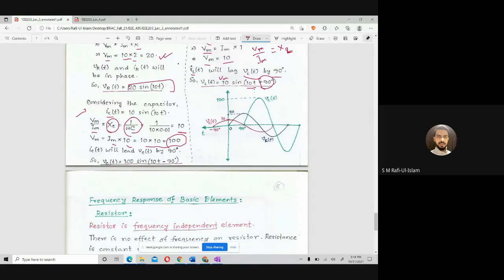Now, if you remember closely, for a capacitive circuit the current will lead the voltage by 90 degrees, right? So I put a negative 90 degrees. Any confusion so far? No, sir.